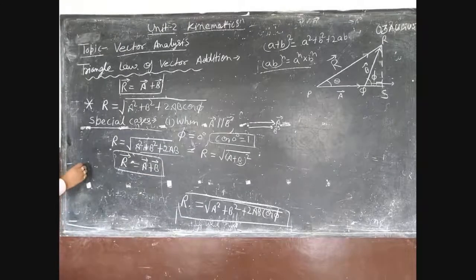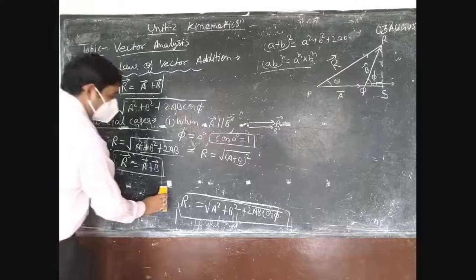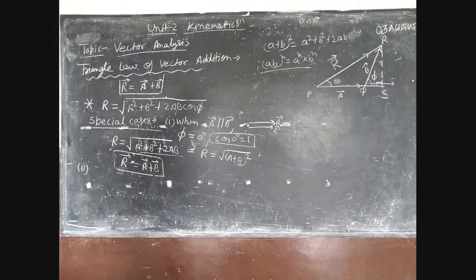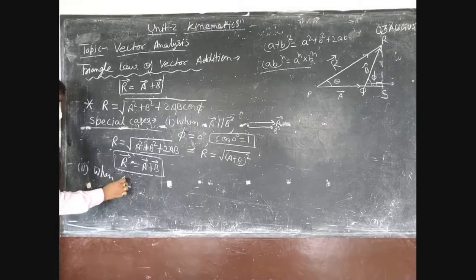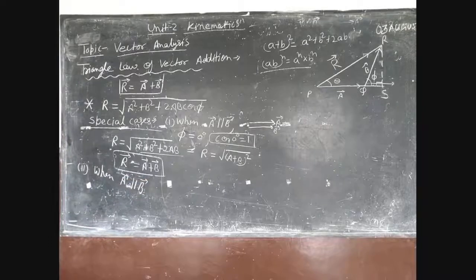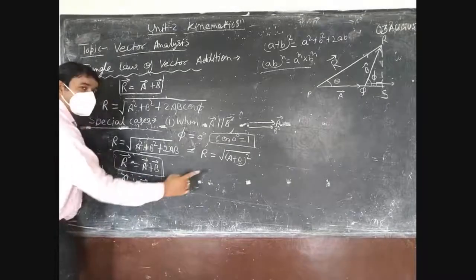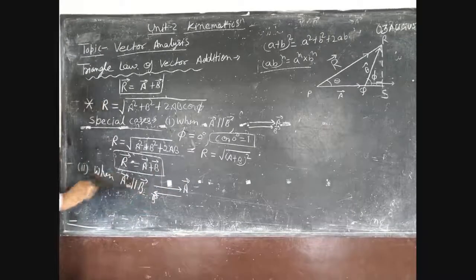Now we have the second case, when vector A is anti-parallel to vector B, that is, vector A acting towards the right direction and vector B acting towards the left direction.